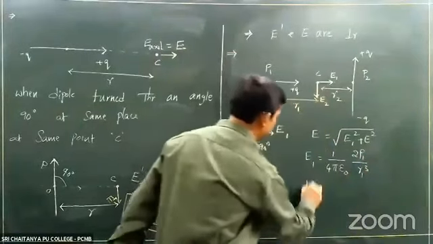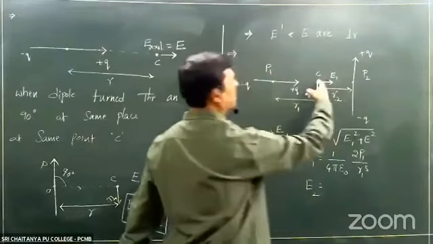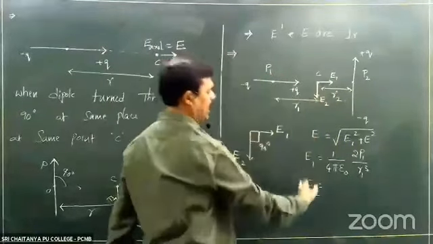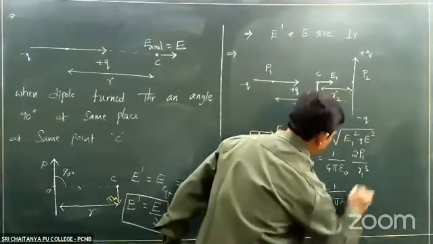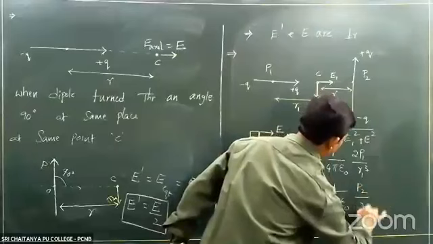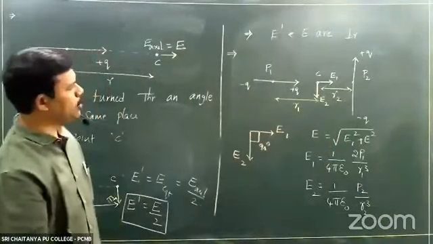What is E2? For this dipole, the point is on the equatorial line: 1 by 4 pi epsilon naught times p2 by r2 cube. This is the way of doing it.